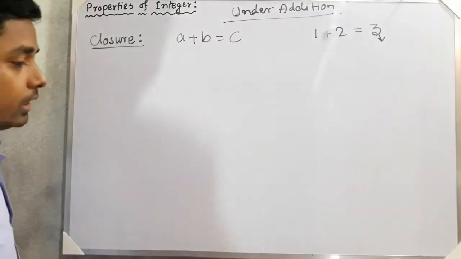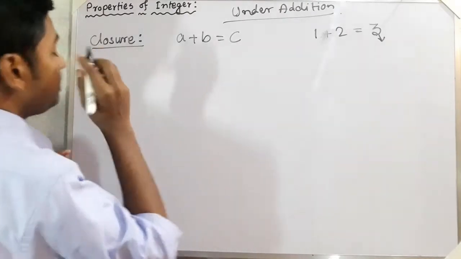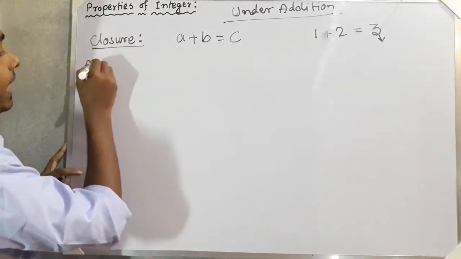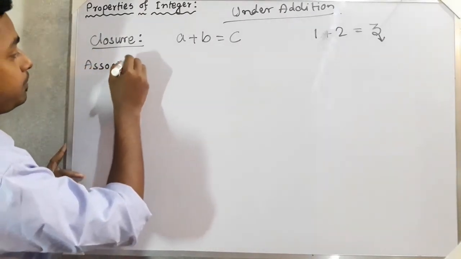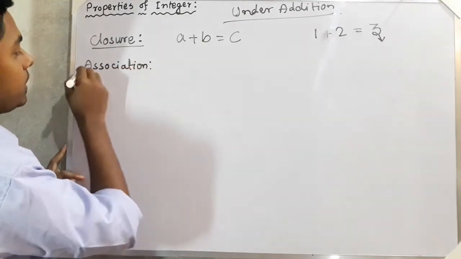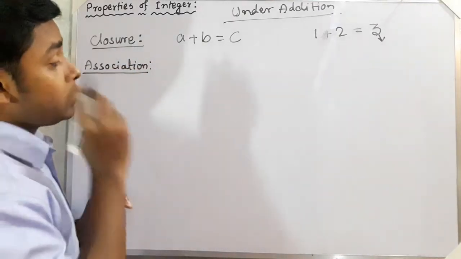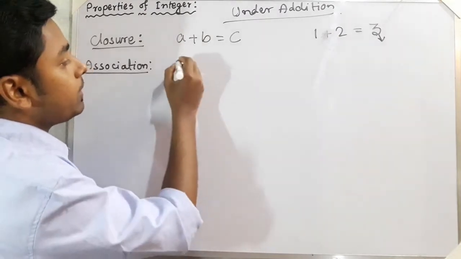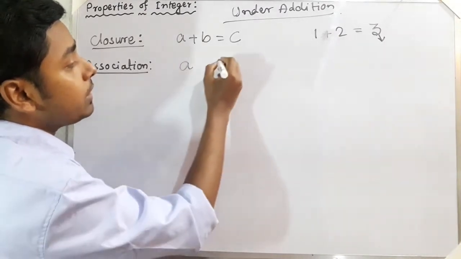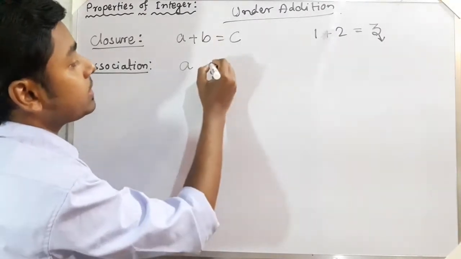Now the next property is the associative property. What is the associative property? To apply the associative property, we need three integers.